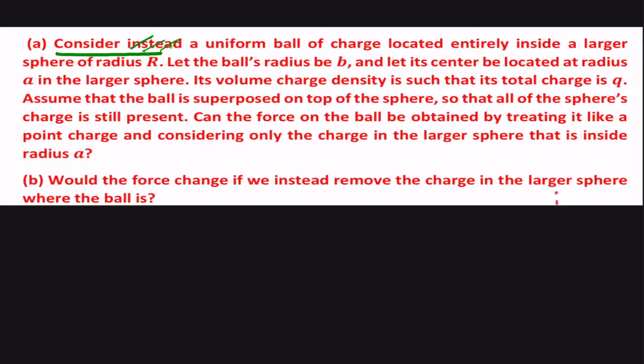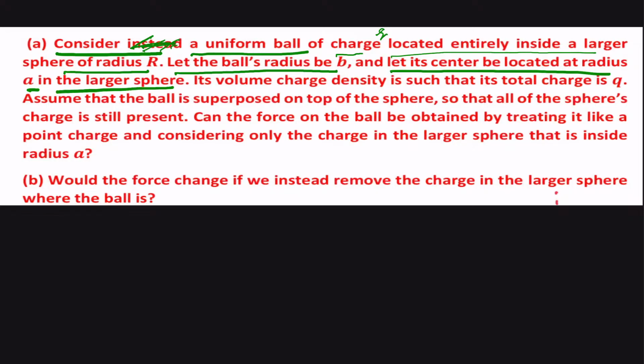Okay, consider a uniform ball of charge q located entirely inside a larger sphere of radius r. Let the ball's radius be b. Let its center be located at a radius a in the larger sphere. Its volume charge density is such that its total charge is q.